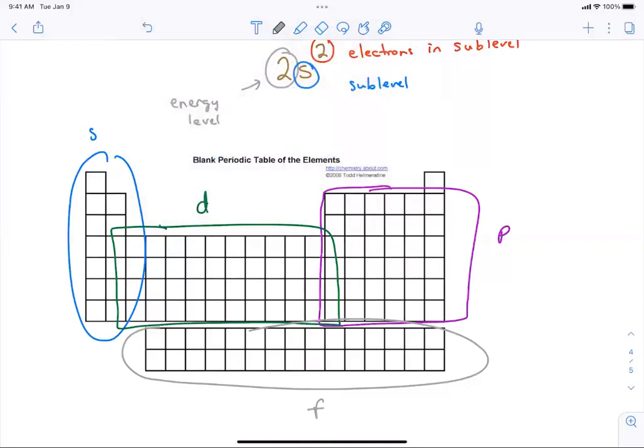And then how many orbitals is that? Well, 6 divided by 2 is 3. So P has 3 orbitals. So there is a lot to the periodic table structurally that tells you information. That way you don't have to memorize it, or if you forget something, you can fall back on it. This is what I've always been saying: always have a way to reason something out in case you forget it.